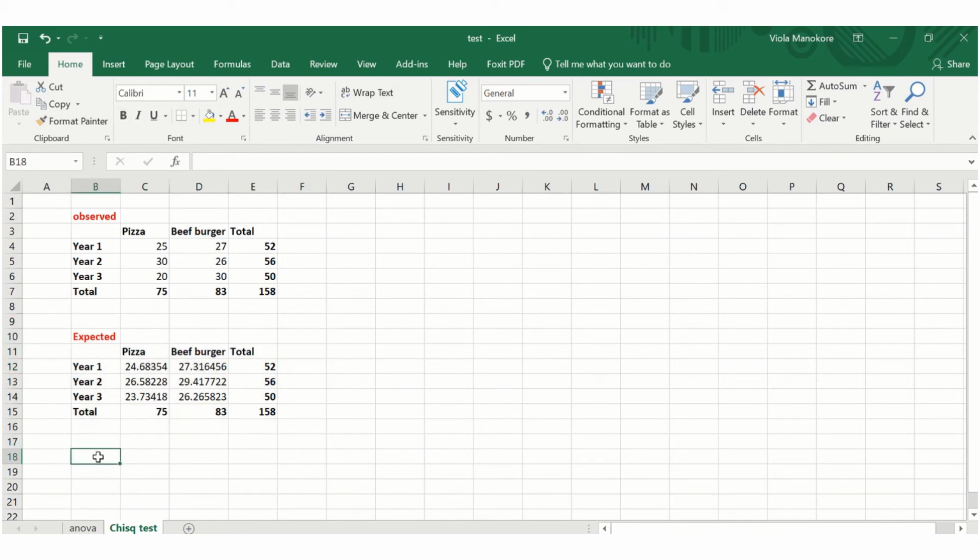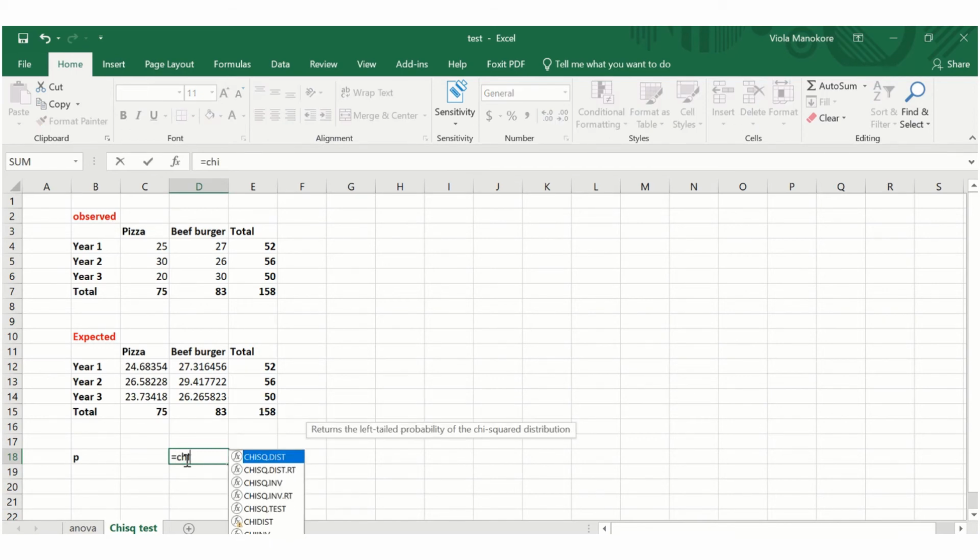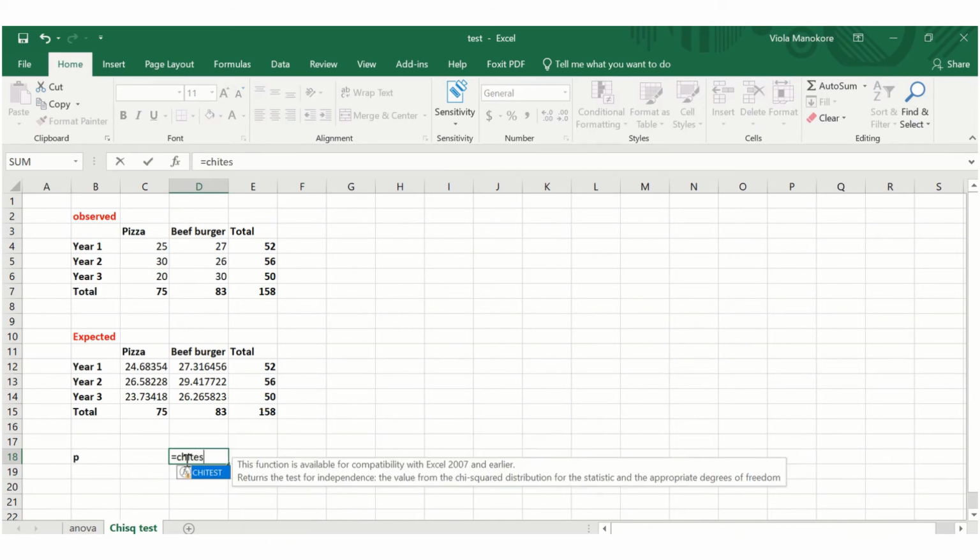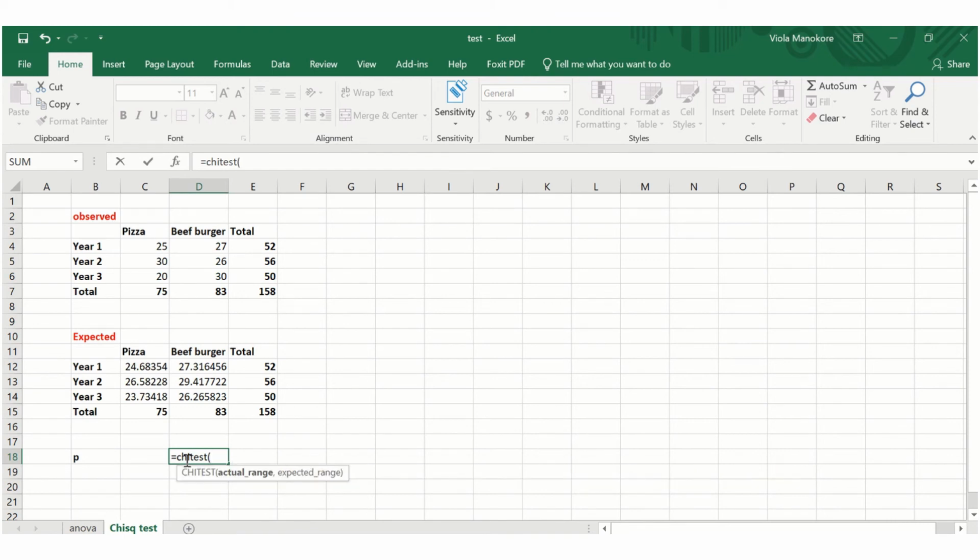Now I want to find the p-value where I compare my observed and expected. So this is equal to CHITEST. CHITEST, as you can see here, is asking me for the actual range.